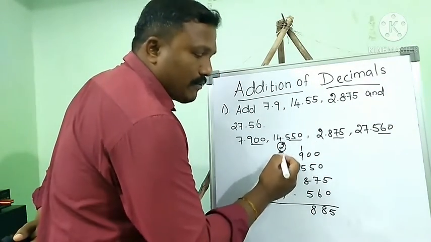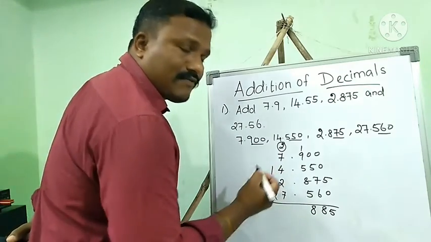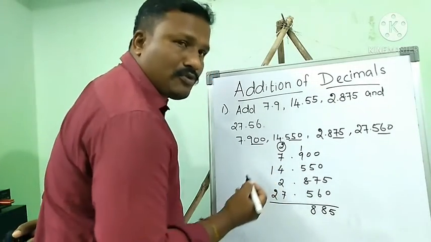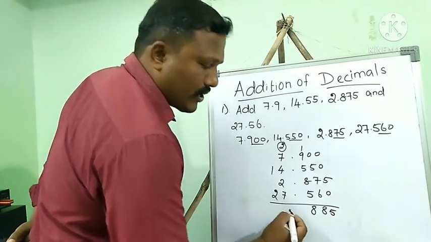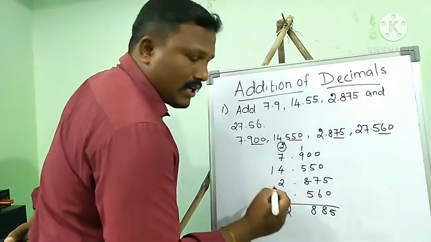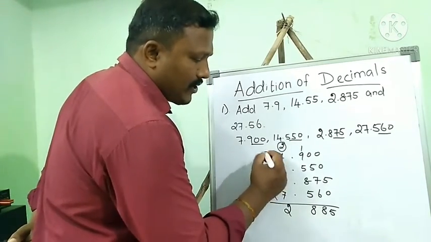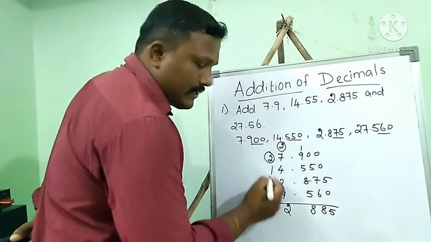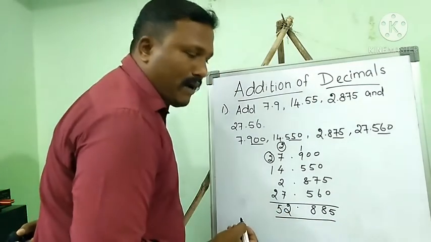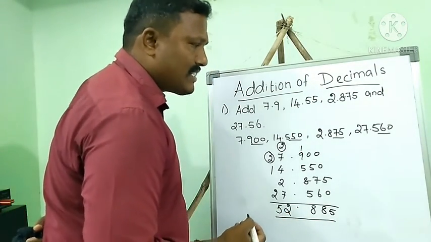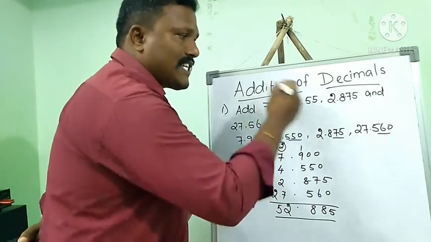So 7 plus 2 is 9, 9 plus 4 is 13, 13 plus 2 is 15, 15 plus 7 is 22. So 22, 2 with carry forward. So 2 plus 1 is 3, 3 plus 2 is 5. So what is the total? 52.885 is the answer.